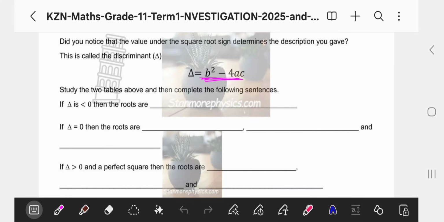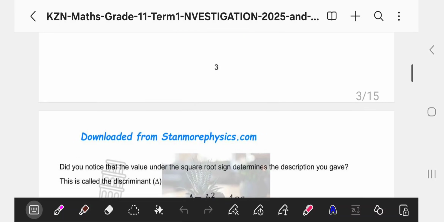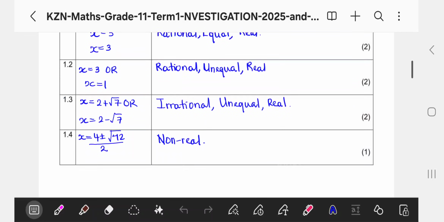Now, going back to the question that we were on, they say, if the discriminant is less than 0, then the roots are. And from the previous flow diagram and table, we know that it's going to be non-real. Since they want us to use the table above, let's just go to that.